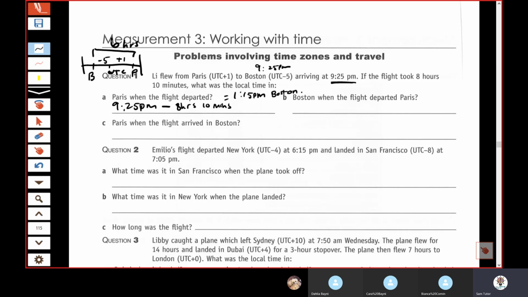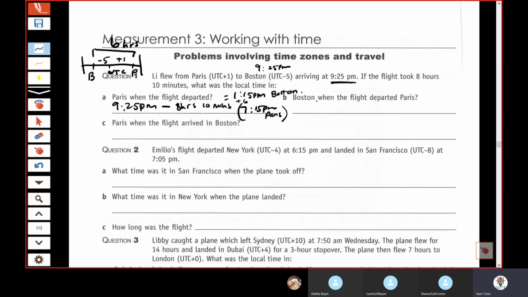Paris is 6 hours ahead of Boston, so you've got to add 6 hours to that. So you would have left at 7:15 p.m. in Paris. I think from here we've already answered part B, but before I continue, do you guys get that? Plus 6 hours to get to 7:15 p.m. in Paris when the flight departed.